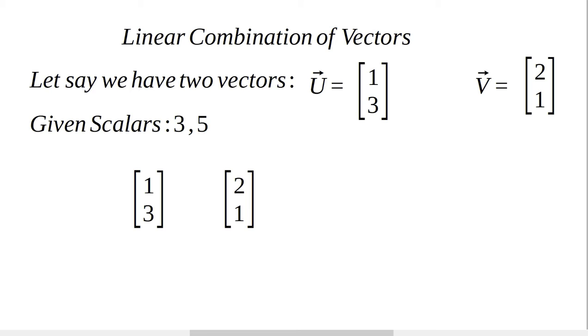A linear combination is just 3, which is a scalar, times the vector u, plus the other scalar, 5, times the vector v. It's a linear combination of the vectors u and v given the scalars 3 and 5: 3 times u plus 5 times (2, 1).